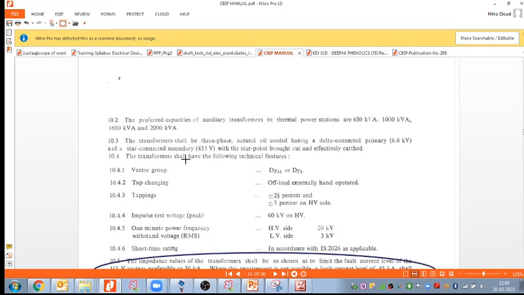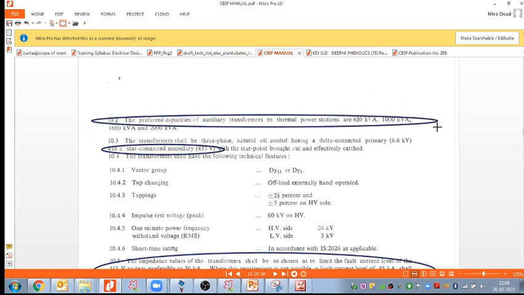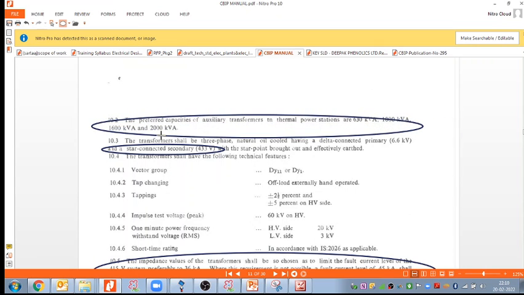The star connected secondary is 433 volts with the star point on neutral. So they are telling us the 433 volts. And for trafo rating, they are telling 2000 kVA, but we can go to more than 2000 kVA up to 3000 kVA also, because the switchgear is available in the market. That is the reason.